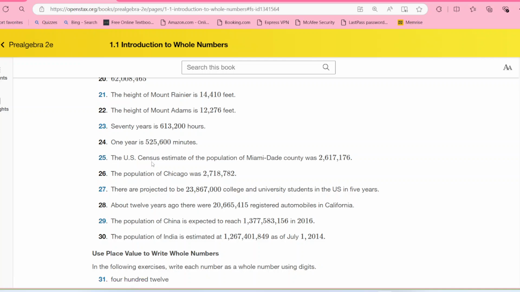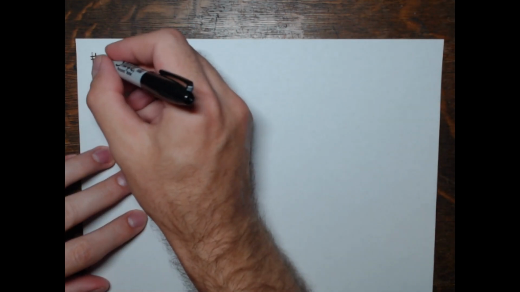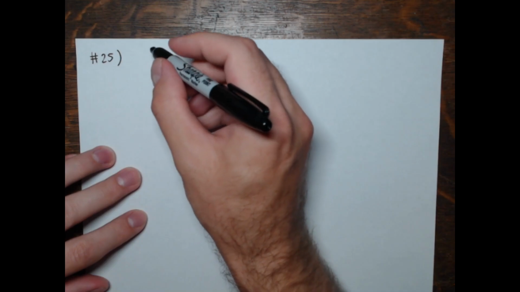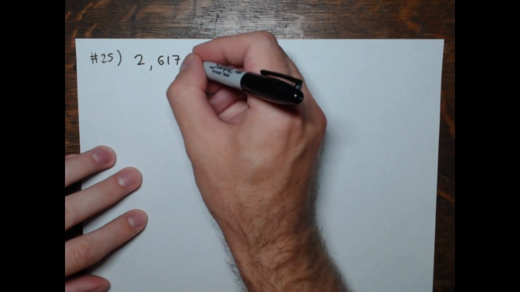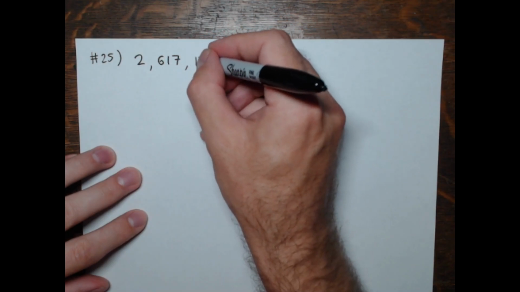So the U.S. Census estimate of the population of Miami-Dade County in Florida was, and now we have three periods, right? The two commas, we have three periods. It'd be 2,617,176. And so I'm going to write that out in words. Number 25, right? The number we're given. 2, comma, 617, comma, 176.